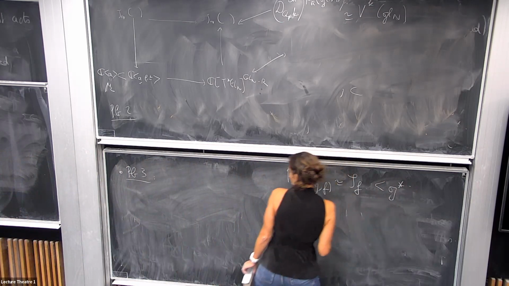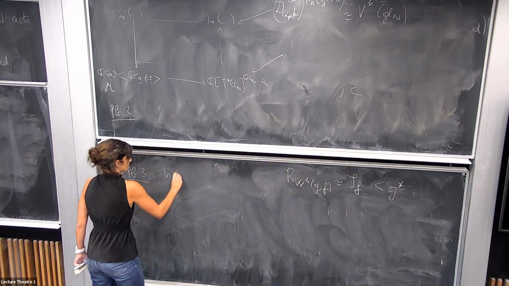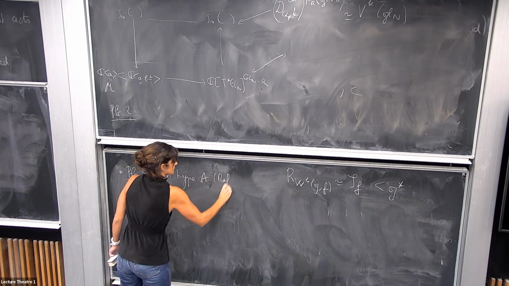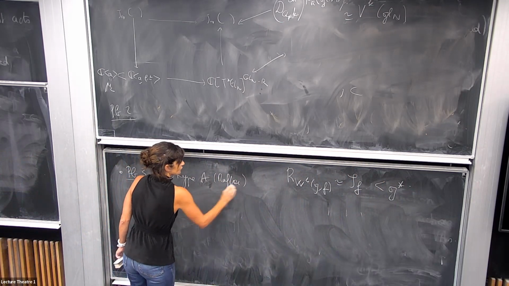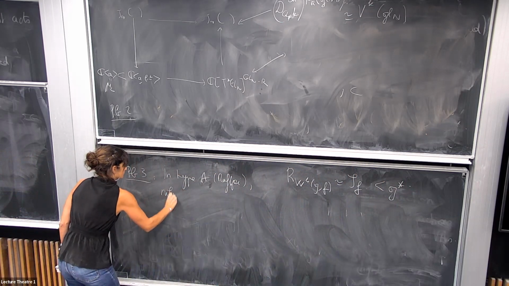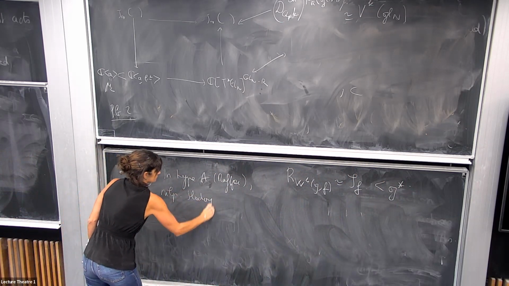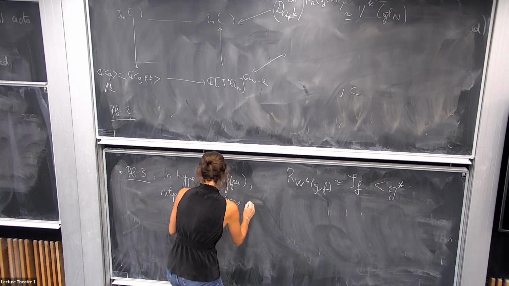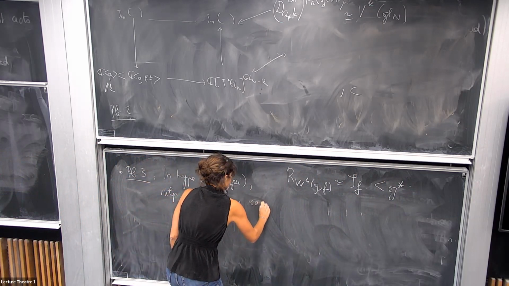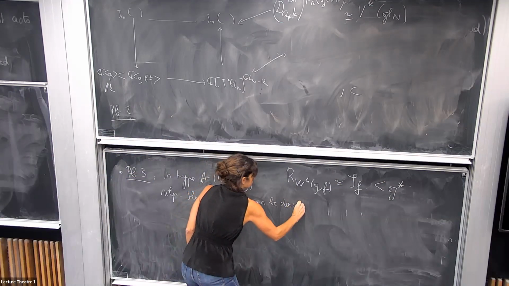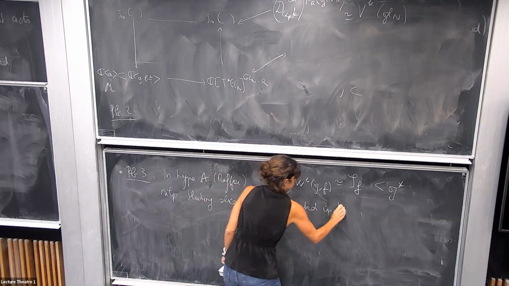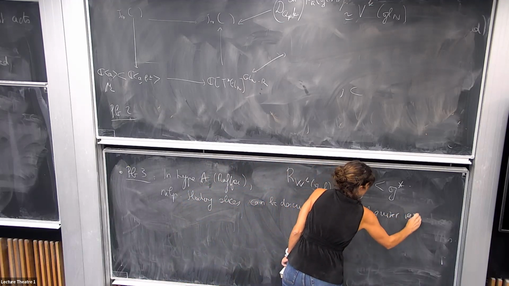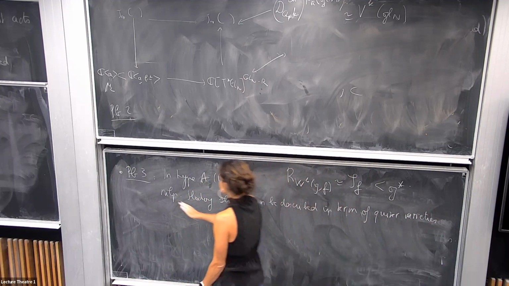And in type A, it's due to Maffei that nilpotent Slodowy slices can be described in terms of quiver varieties. This is not an open problem because this is done.